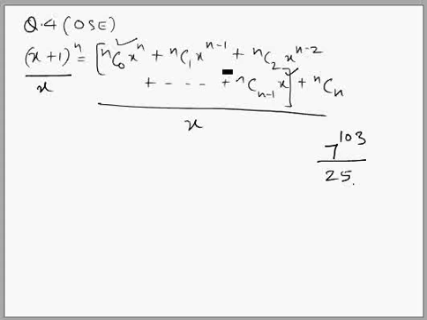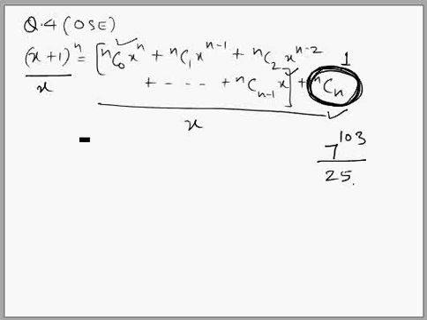Only the constant part does not involve x and is not a multiple of x. So from this we find the remainder. The remainder is 1 in this case.